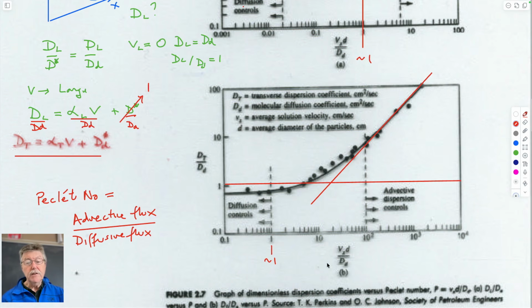When the velocity is 0, Peclet number is 0. It's off on this side somewhere. When the advective flux dominates, it means it's a large velocity, and it's over here. And that's given by this number.